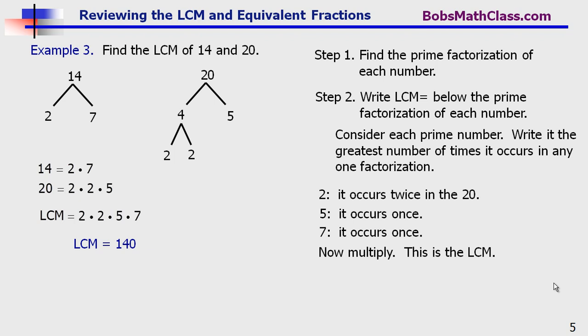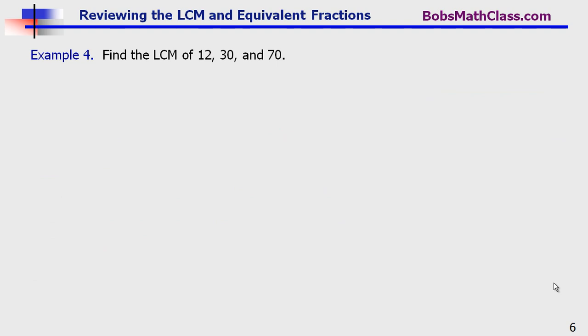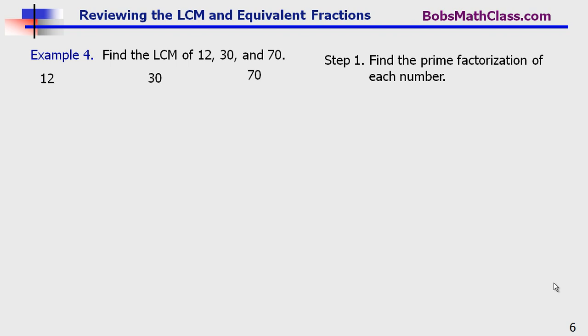Okay, let's do another example. This one has 3 numbers, 12, 30, and 70. So number 1, we're going to find the prime factorization of each number. So we're going to do the tree for all 3 numbers. Twelve is 2 times 6, and 6 is 2 times 3.